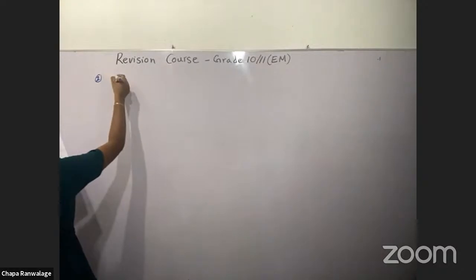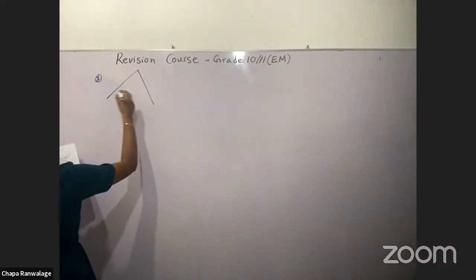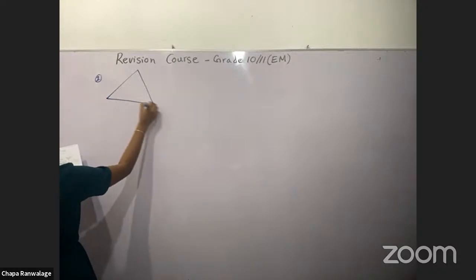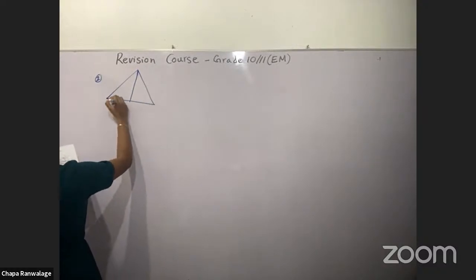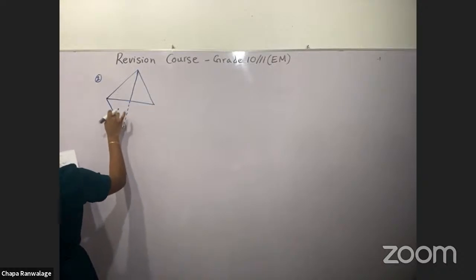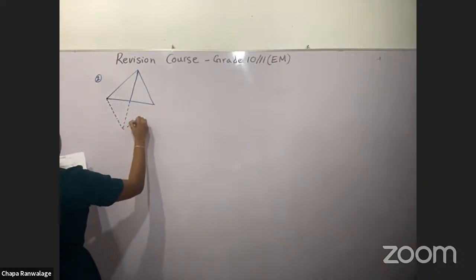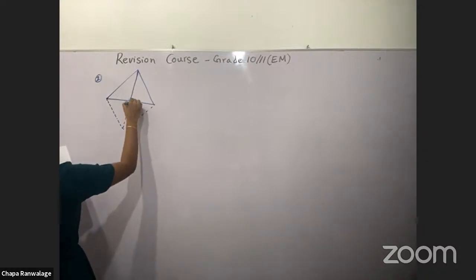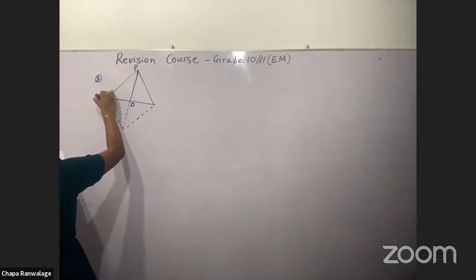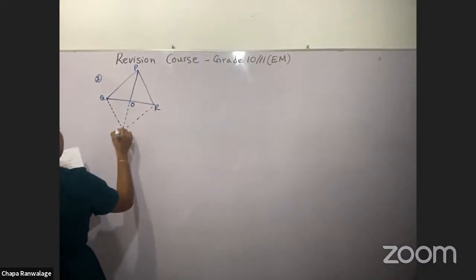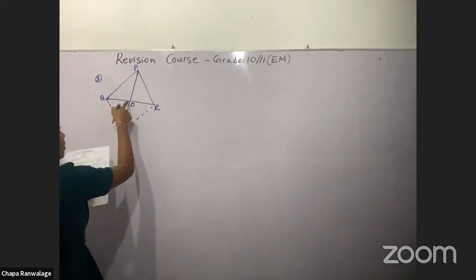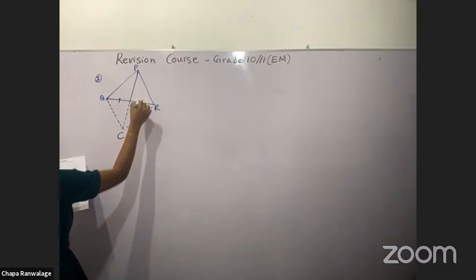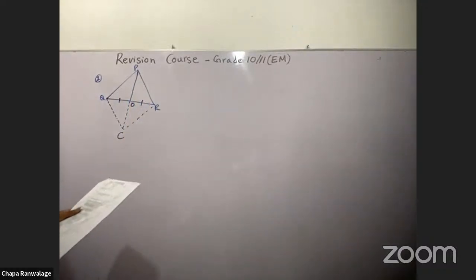The second question. In the given figure, O is the midpoint of QR. So this length is equal to this one. Correct? These two lengths are equal.